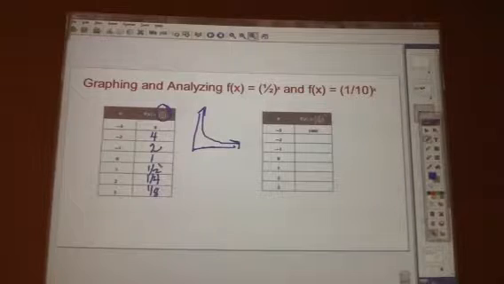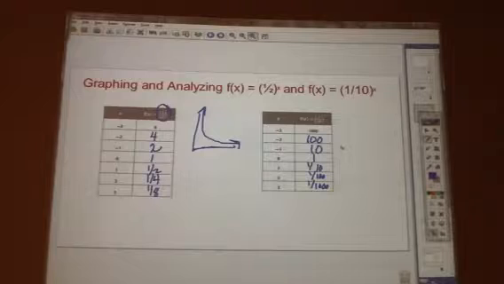All right, let's look at the other table. Our 1/10 to the x power. We'll start out with 1,000. What do you think, without putting it in your calculator, the next number would be? 100. The next number would be 10. And 1, 1/10, 1/100, 1/1,000.